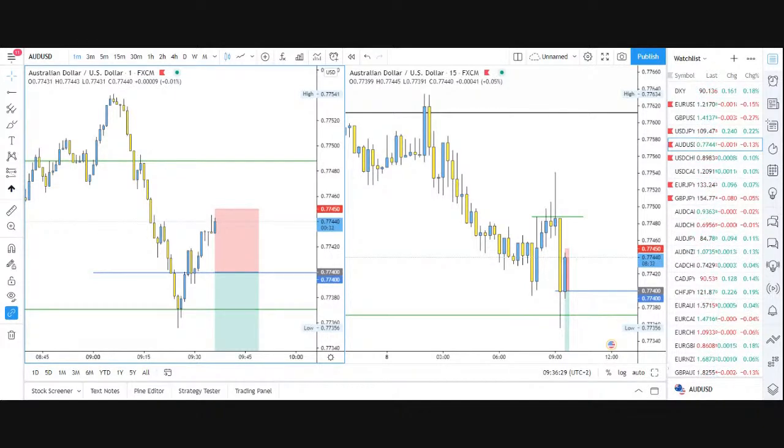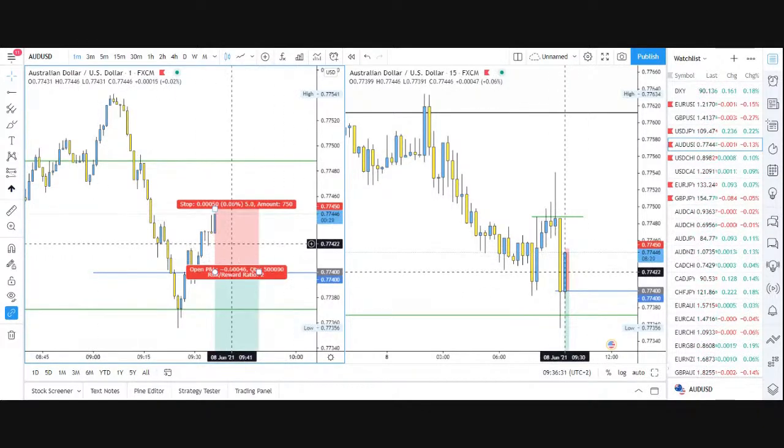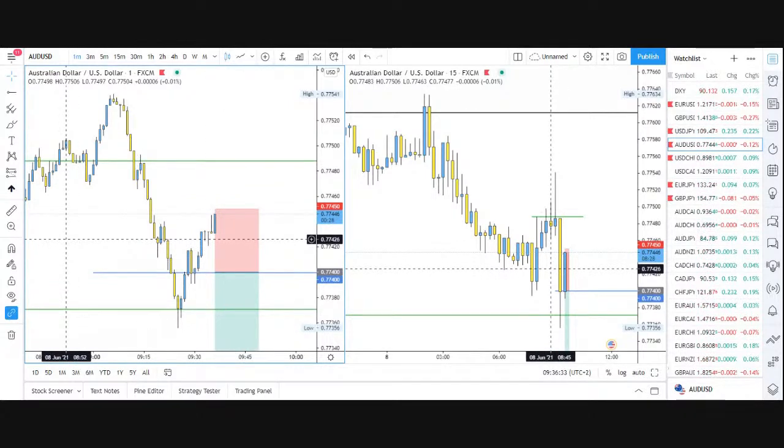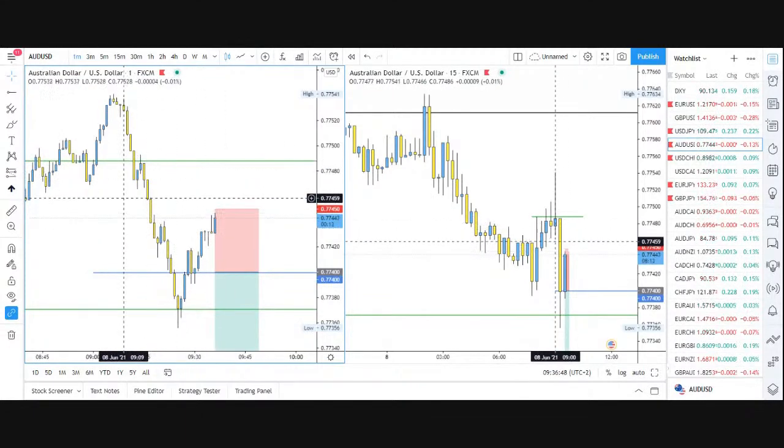If we can get a weak rejection on this 1 minute, then we can possibly go. Because what I did was, instead of taking one trade, I split my risk so that I can split these trades.